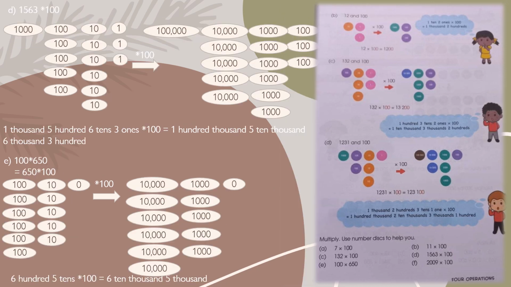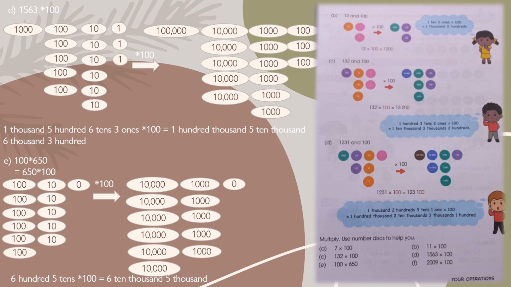In part D, we have 1563 multiplied by 100. So we have 3 ones, 6 tens, 500, and 1000. When 1000 is going to multiply with 100, it becomes 100,000. When 100 is going to multiply with 100, it becomes 10,000.